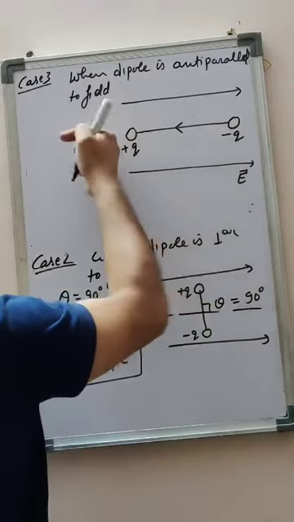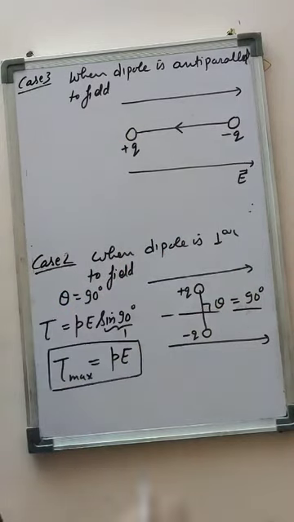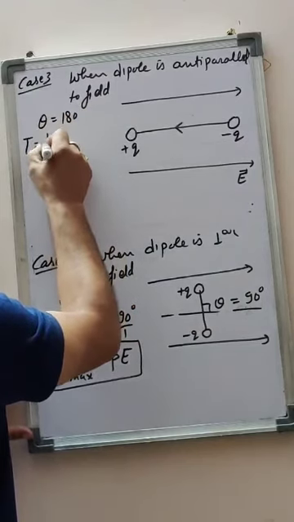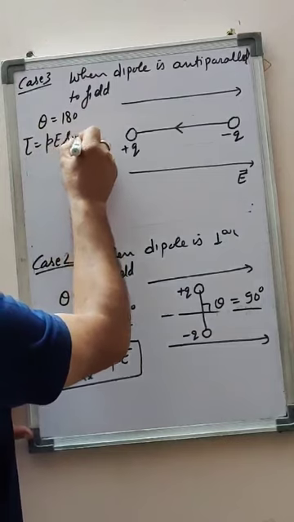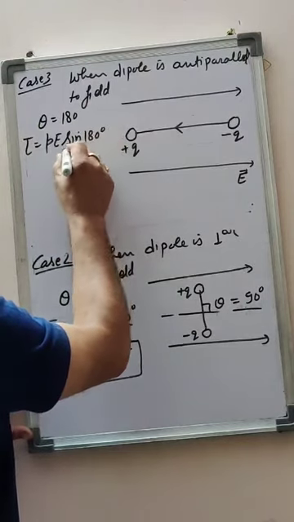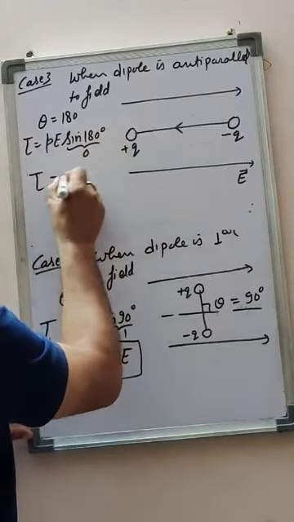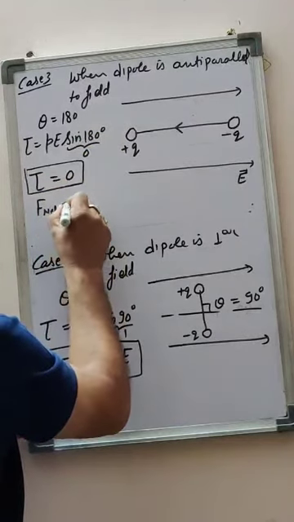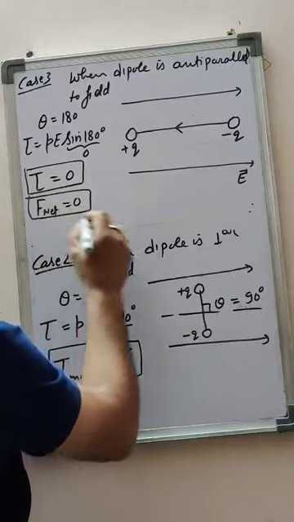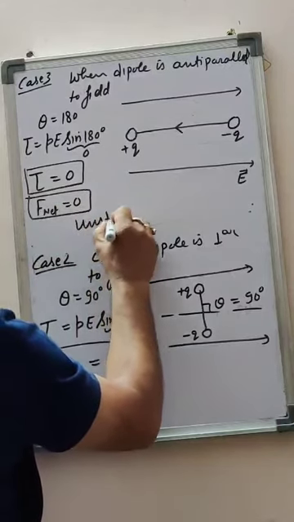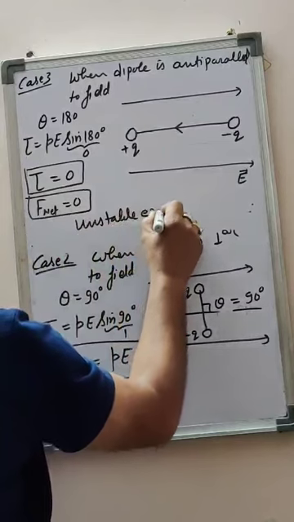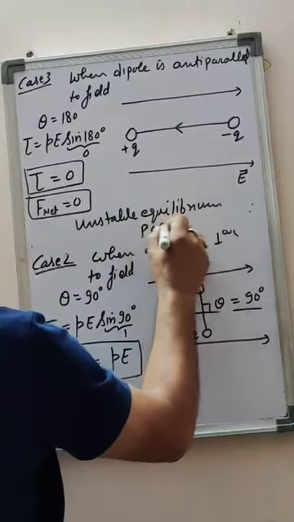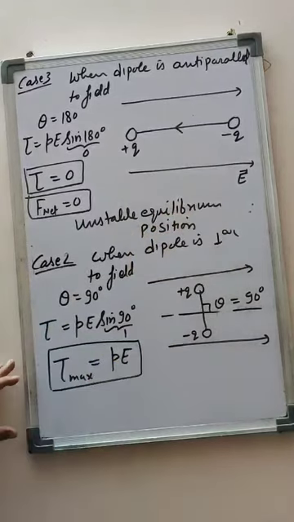Then the dipole moment is left, the field is right. So it is anti-parallel. Theta will be 180. Torque is pE sine 180. Sine 180 is also 0. So torque is 0. Net force is 0. This is equilibrium, but this is the unstable equilibrium position. This is the unstable equilibrium position of the dipole.